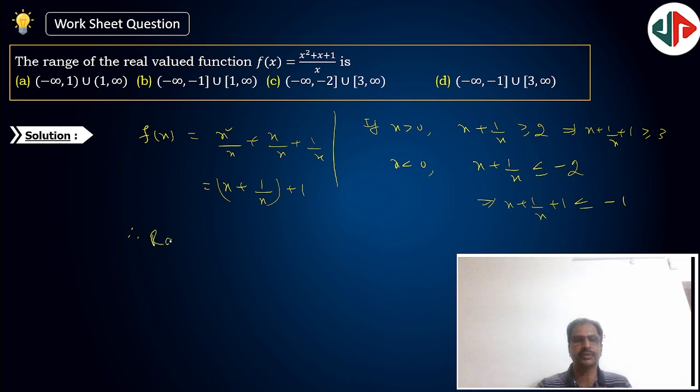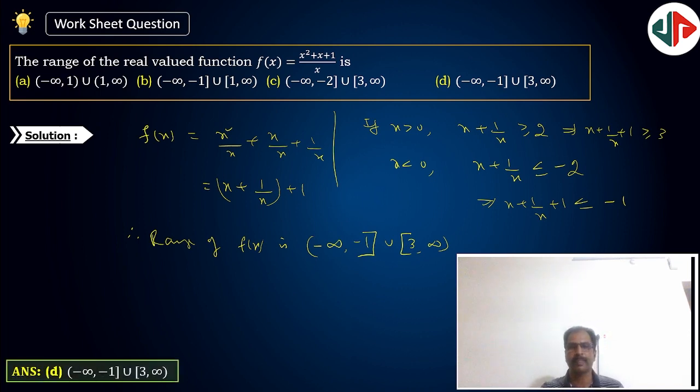Therefore, what is range of f of x? Less than or equal to minus 1 means up to minus infinity. Greater than or equal to 3 means up to infinity. For infinity, minus infinity open, 3 is included, close the bracket, minus 1 is also included, close bracket. So this is the range of the given function, which is option 4, option D.